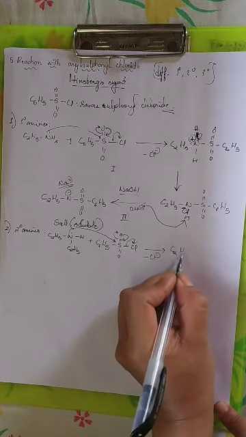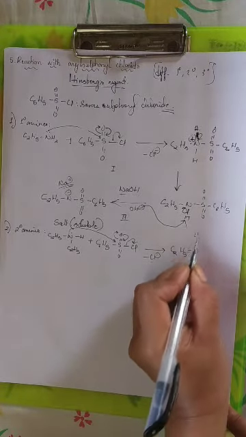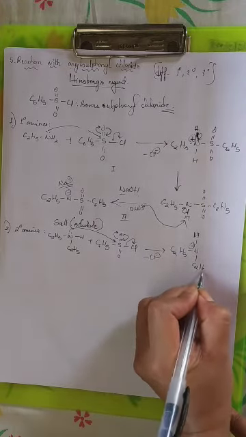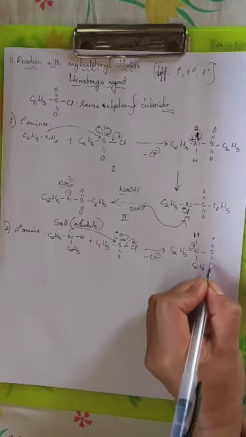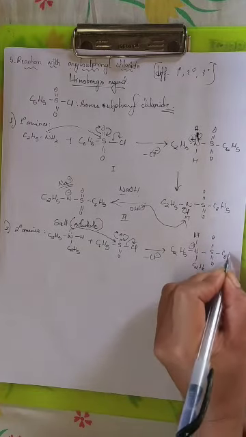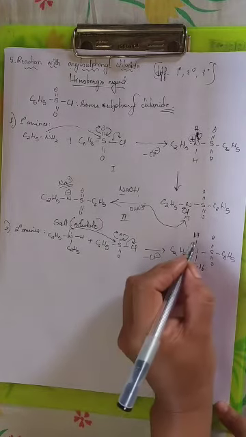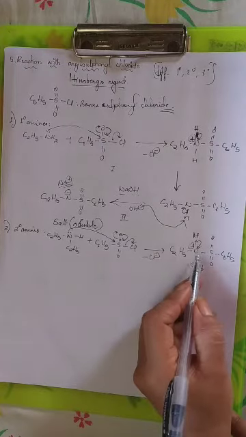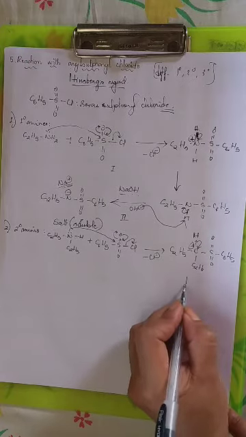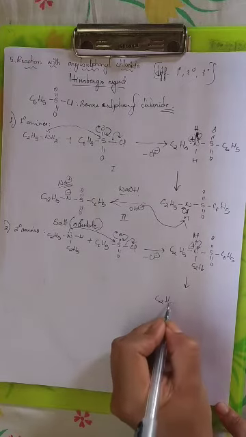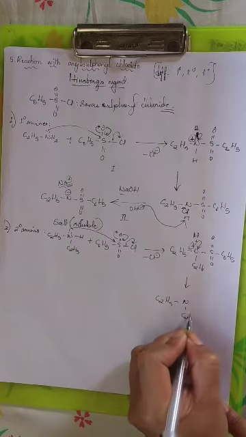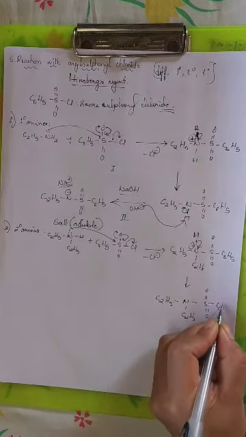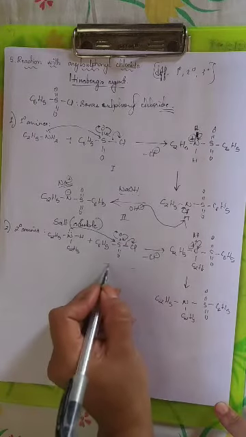Therefore, C2H5 and H plus, C2H5 is double bond oxygen, and C6H5. Now this H plus, along with the two bonding electron pair, comes and adds up to the nitrogen atom to fulfill the deficiency of electrons, and then we get C2H5 and C2H5, oxygen, C6H5. Now this is our first reaction.